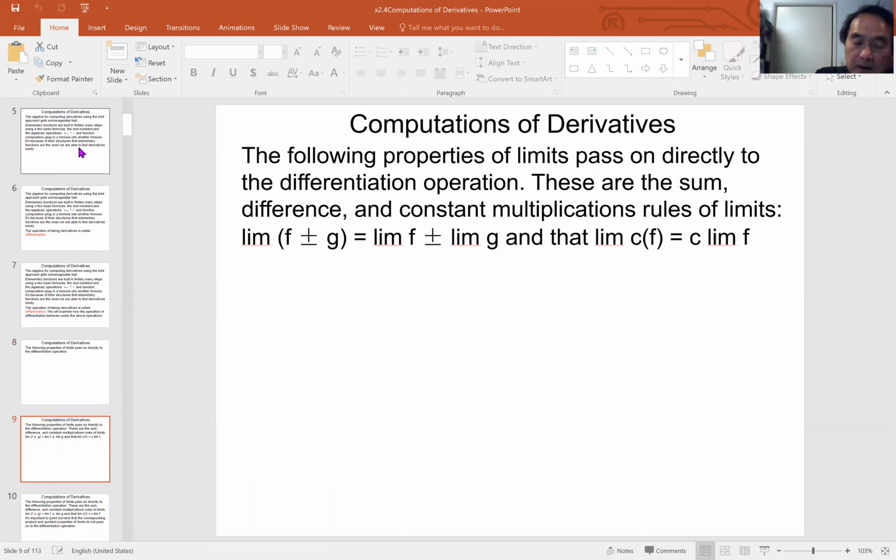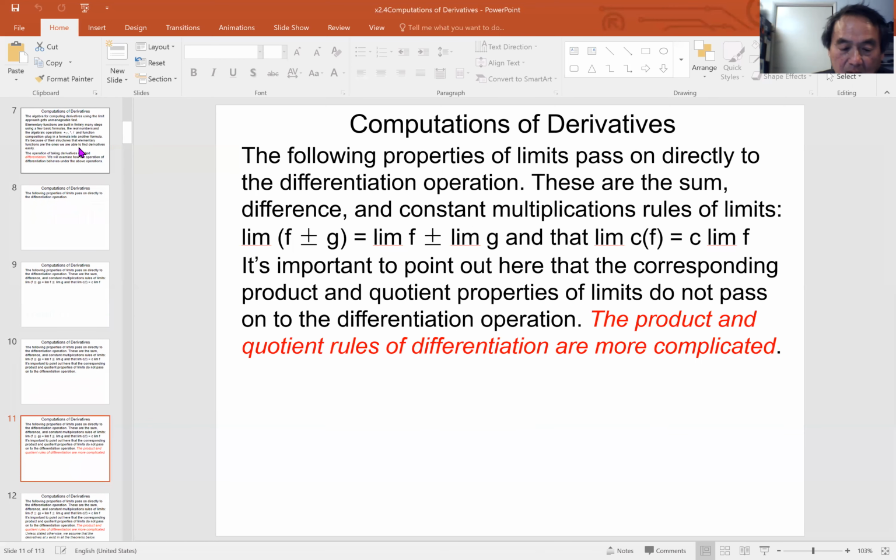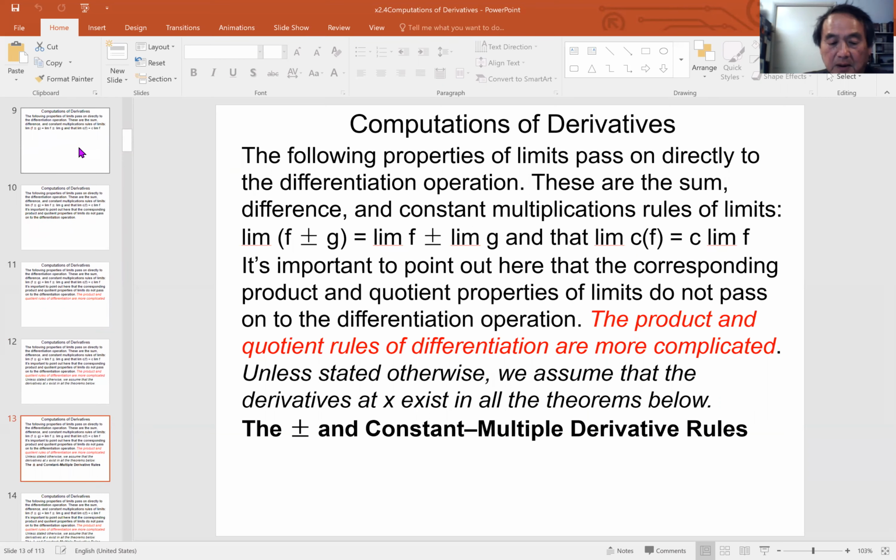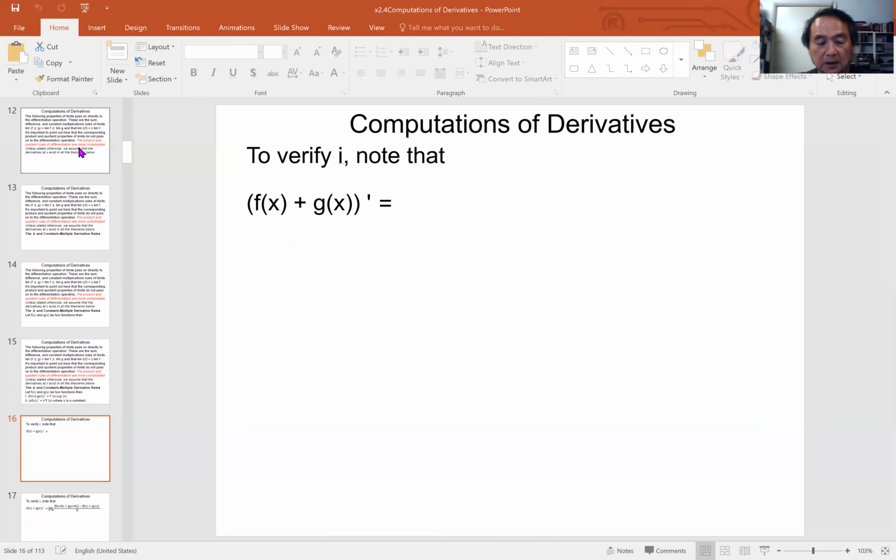Basically, differentiation is a limit process, so when we have add and subtract, if the limit of each individual component exists, then I can take the limit of the sum. It's the sum of the limits.